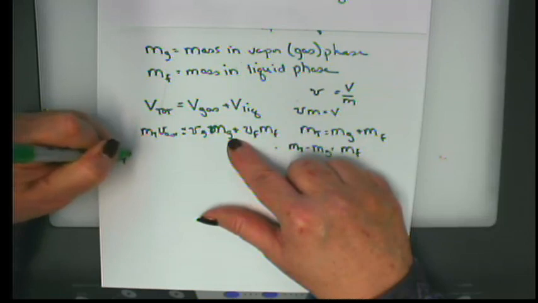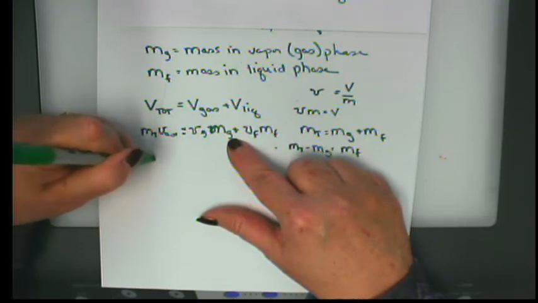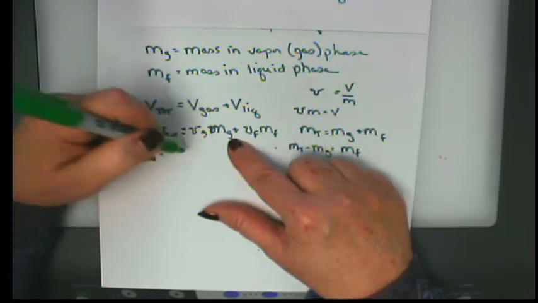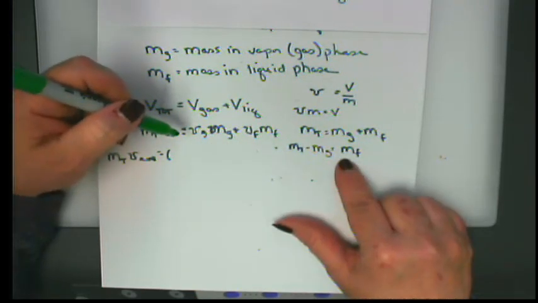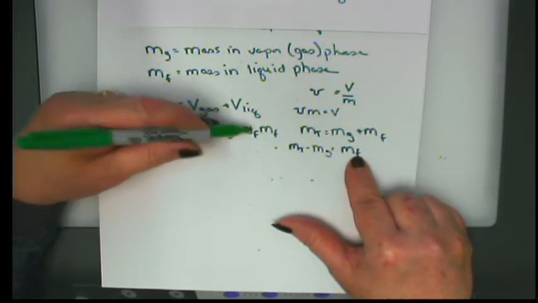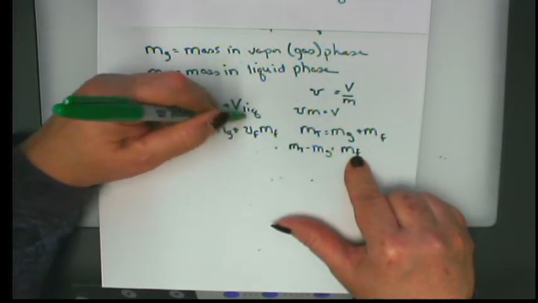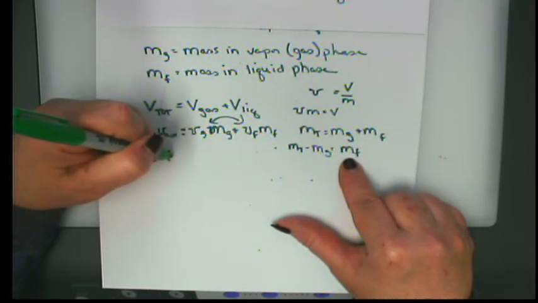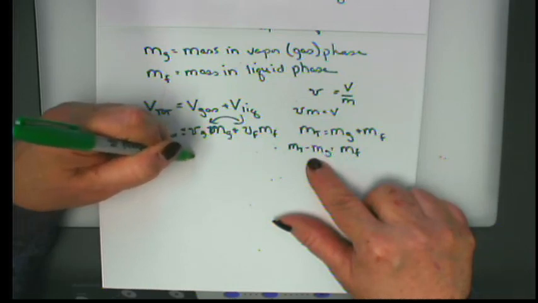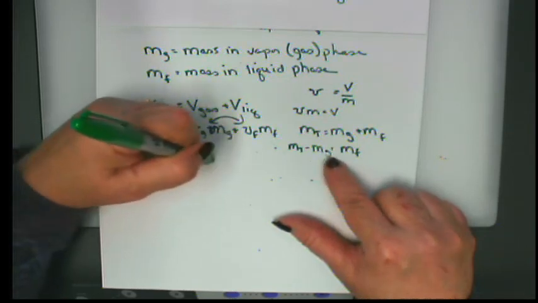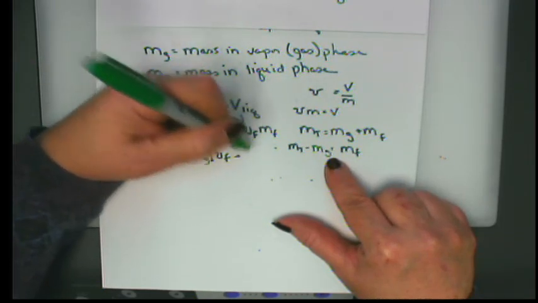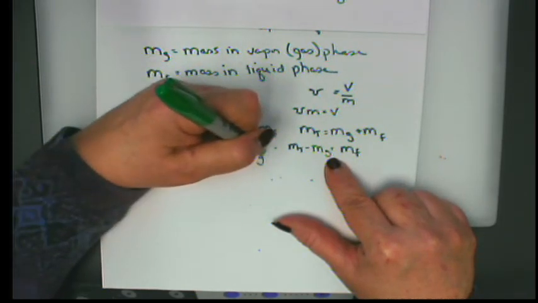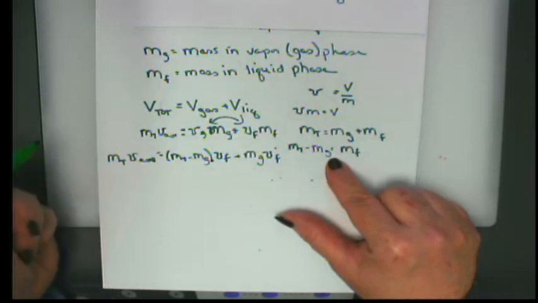I get M sub T times V average equals, instead of writing V in the fluid phase, I'm going to just switch my terms here. I'm going to write V sub F times M sub T minus M sub G times V sub F plus M sub G times V sub G. Okay?